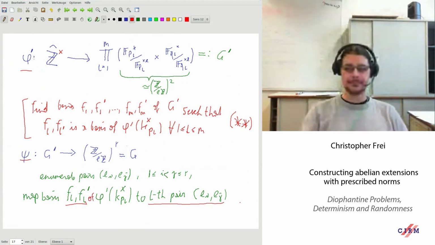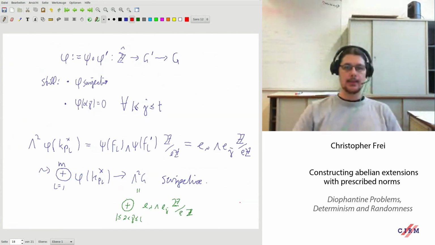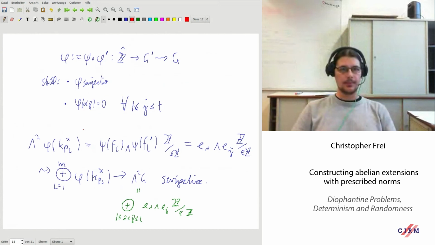What am I going to do with that? I define my phi, so that's the homomorphism that I want to construct, as the composition of these two.